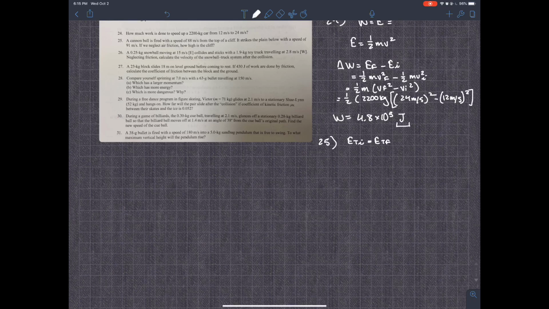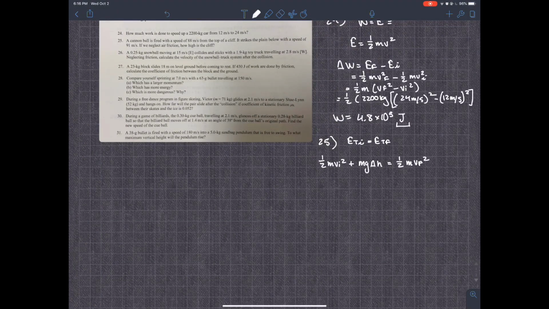Initially we have a speed and also a certain height, so we can represent that as half mvi squared plus mg delta h. Finally we have no height, but we do have a final speed.